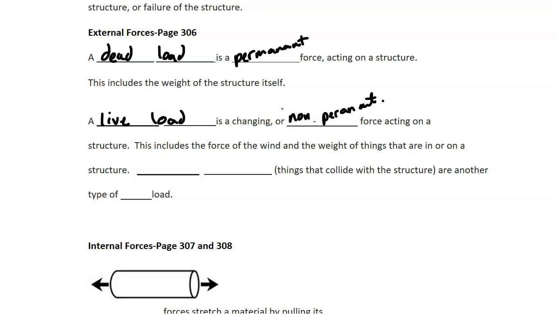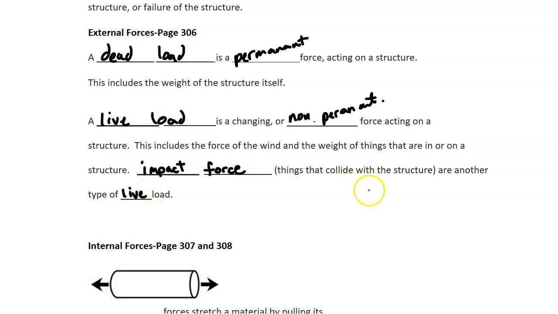Me sitting is not a permanent force because I get up, I get down, I get up, I get down. There's the actual weight of the object, or a continual soft force, and then there's the actual impact force, things that are colliding with the structure. Both of these are live loads.